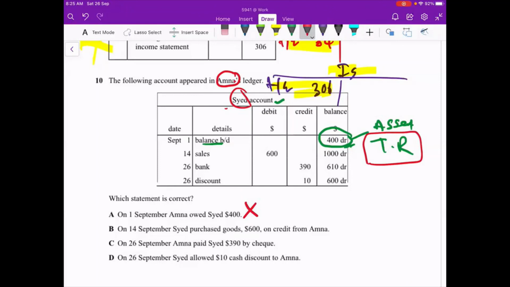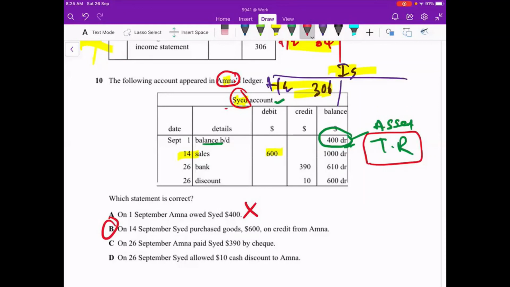Second statement: on the 14th September, Said purchased 600 from Amna. Yes, this is Said's ledger. Amna sold to Said means Said bought from Amna. Correct one. So the answer is B. We see C also: on the 26th, Amna paid Said 390.